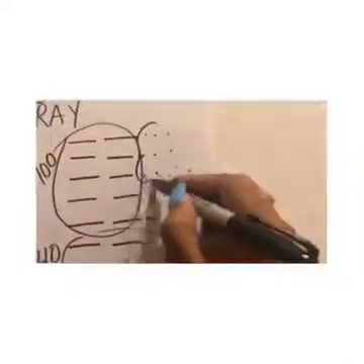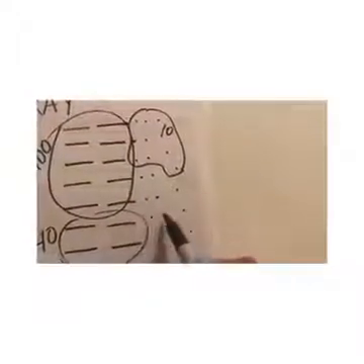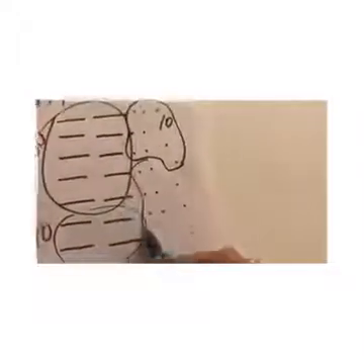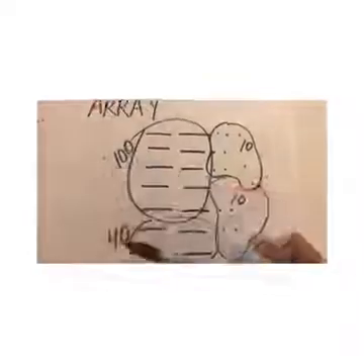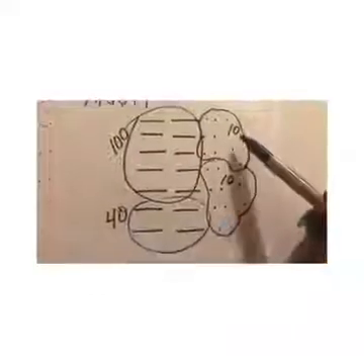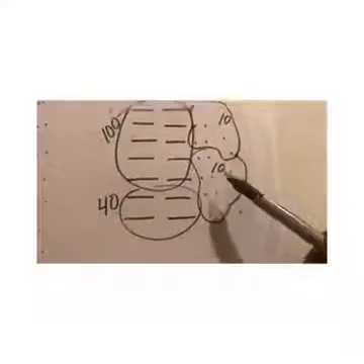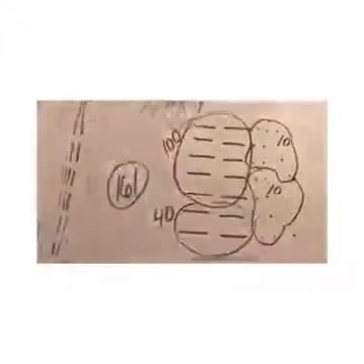I'm going to do groups of 10 just for my purposes, but you could just count it out if you want. 1, 2, 3, 4, 5, 6, 7, 8, 9, 10. And then I have one little dot left. So I have 100 plus 40, which is 140, 150, 160, 161. I think we're right.